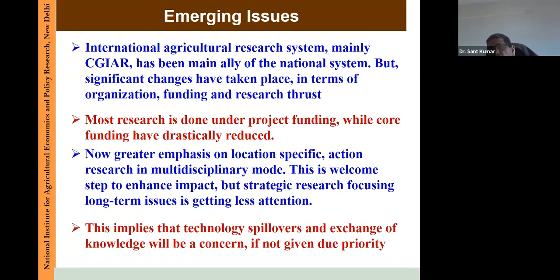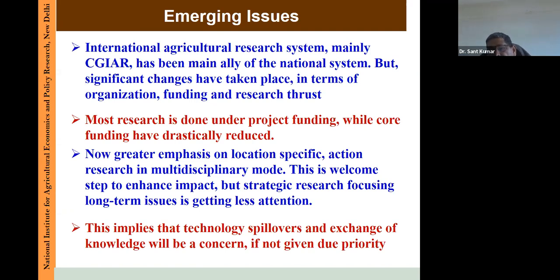More research is done under the project funding mode, while the funding has drastically reduced. Now there is greater emphasis on location-specific action research in multidisciplinary mode. This is a welcome step to enhance the impact, but the strategic research focus should also be maintained for the long-term issues to be addressed.